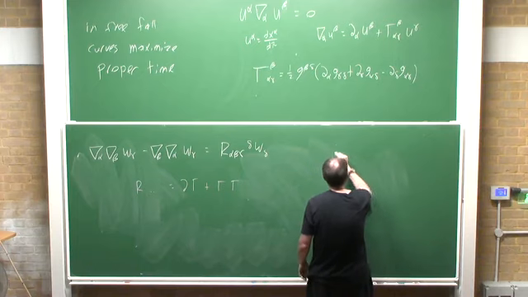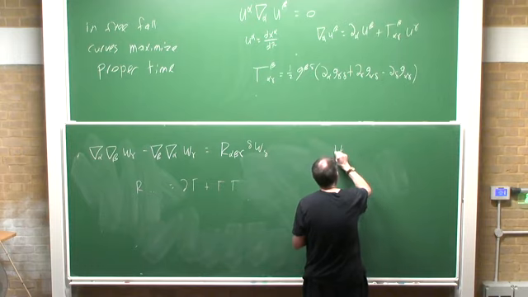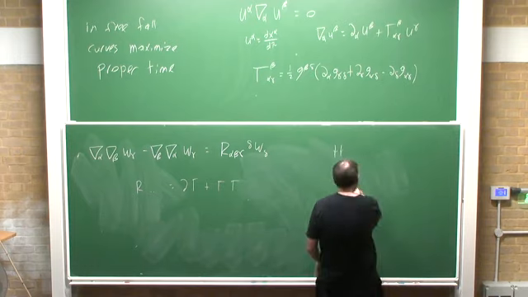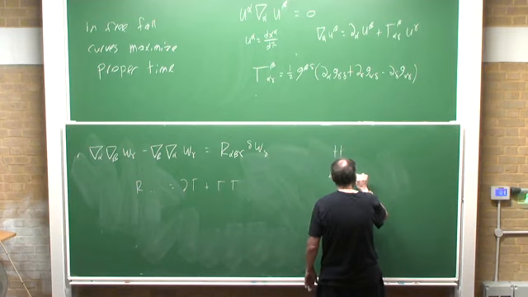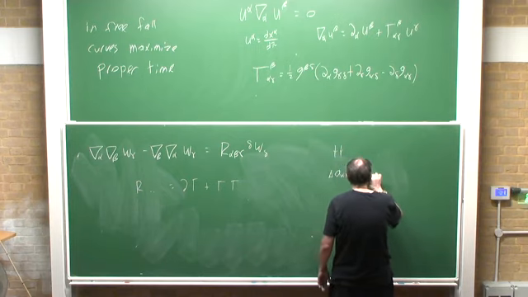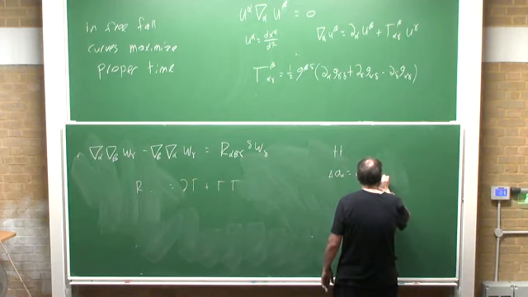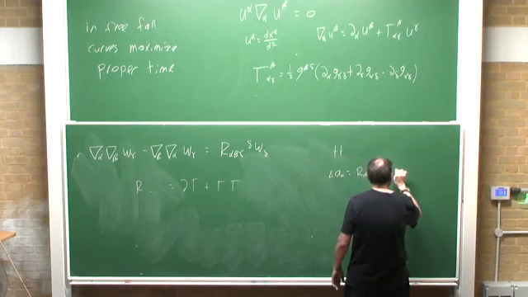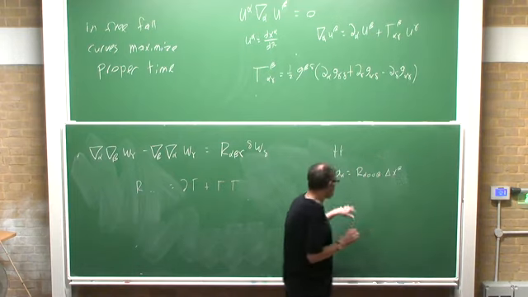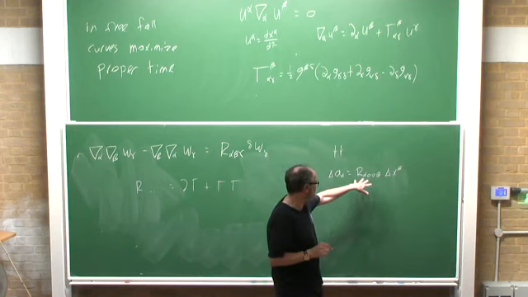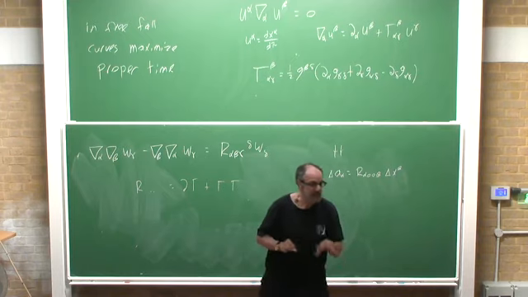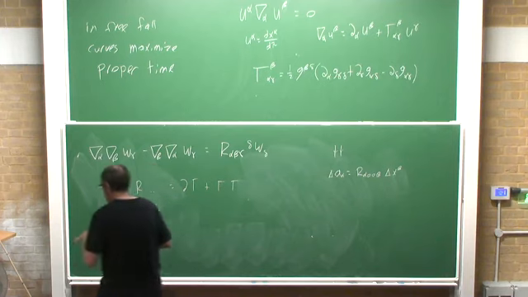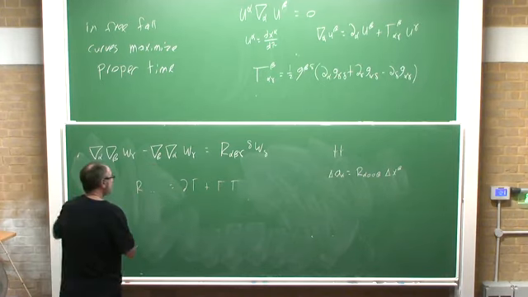So there's a formula that says that if I drop two objects not quite at the same place, then their relative acceleration is basically going to be a particular component of the Riemann tensor dotted into their relative distance. So let me just draw a picture to illustrate this.